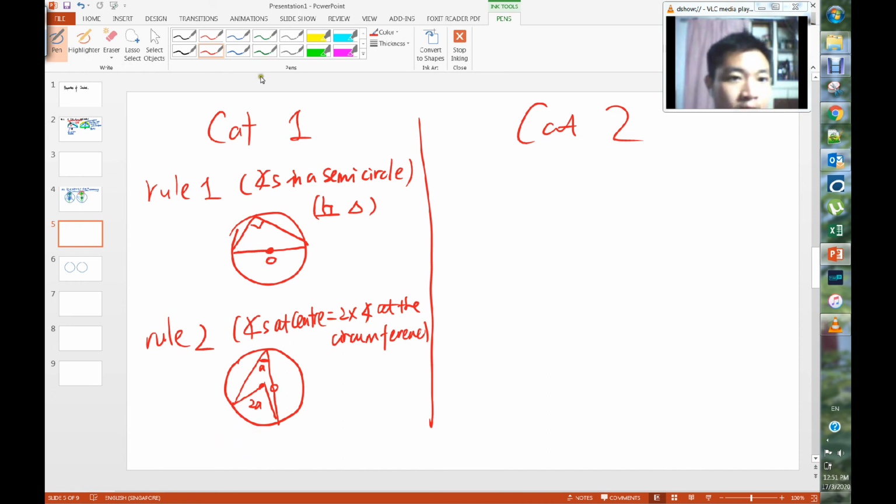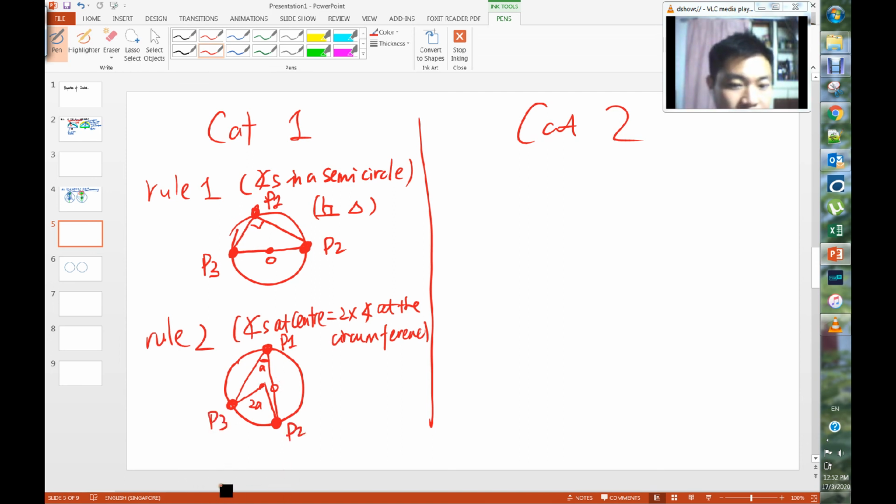First thing first, for these 2 rules, they both have 3 points on the circumference. So I call this point 1, point 2, and then point 3. So similarly, you have point 1, point 2, and point 3, right?